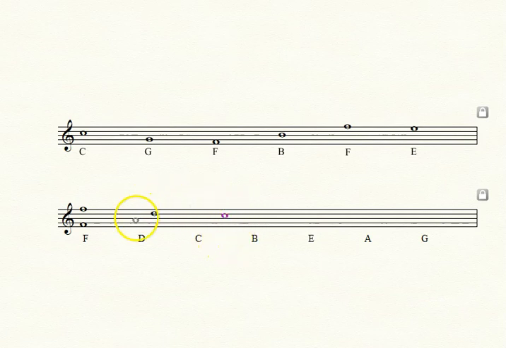And now these will get pushed back as we continue forward. So right now, just focus on what we have in front of us. Now we have a B. We can use our line sentence. Every good boy. B.